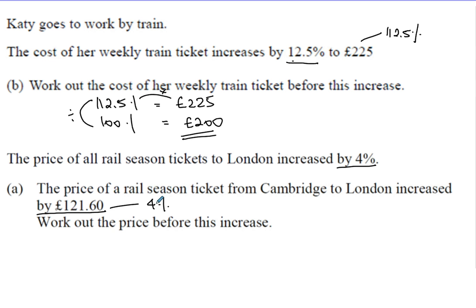So that is your 4%. So when you want to work out the price before the increase, you say 4% is £121.60. So 100% is that divided by that times that, which would give you 3,040.